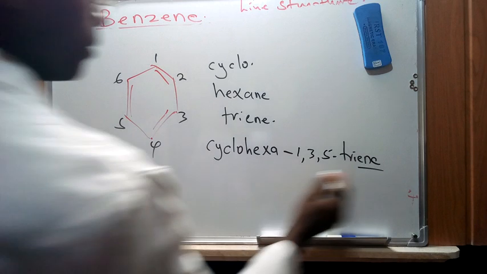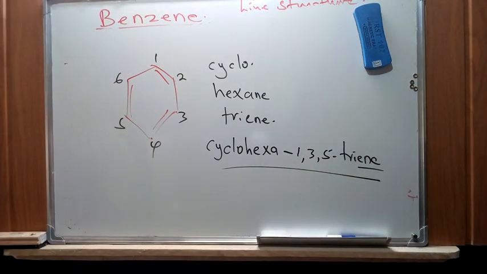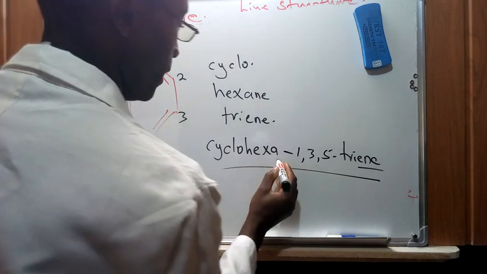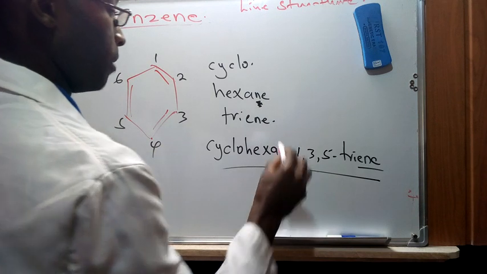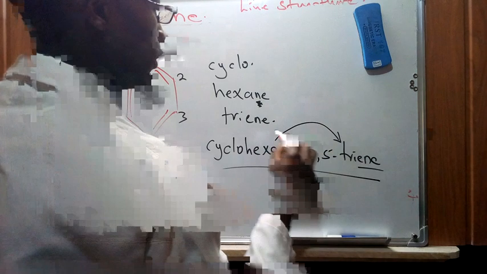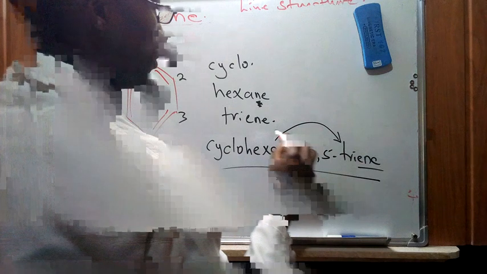So it is cyclohexa-1,3,5-triene. And then we said the n is not included, especially because we want to eliminate the possibility of a vowel appearing at that point.